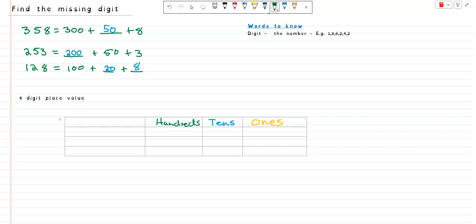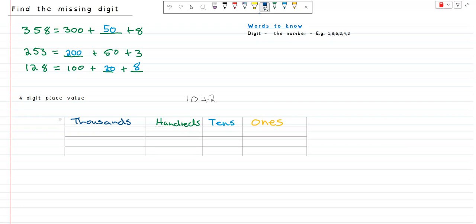What would be our next value? If we look at a number like this, how would we read this number? We know that's a 2, we know this is a 40, we know that's supposed to be something in 100. What would be the next number? Yes, you've guessed correctly. That would be the thousands.